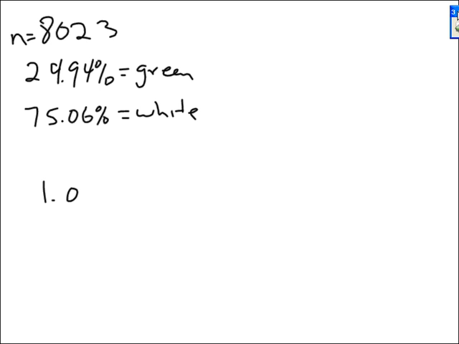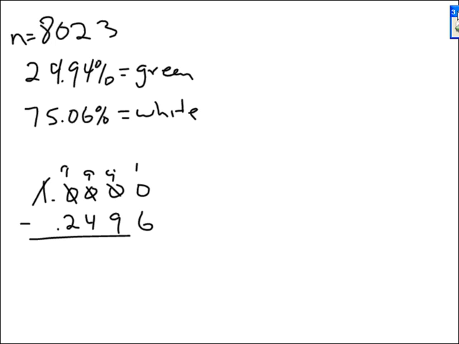If you were to do 1 minus 0.2494, you would get what I said, 0.7506. Oh, this was a 4, excuse me. 10 minus 4 is 6. So you'd get 0.7506, or white.